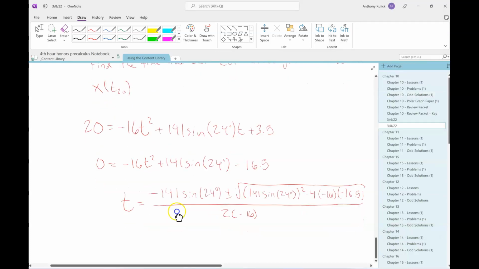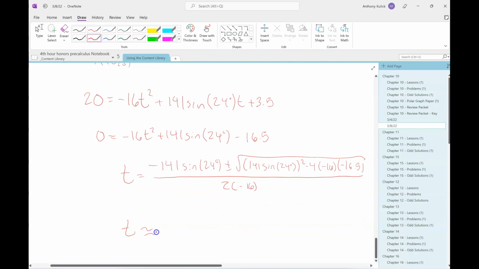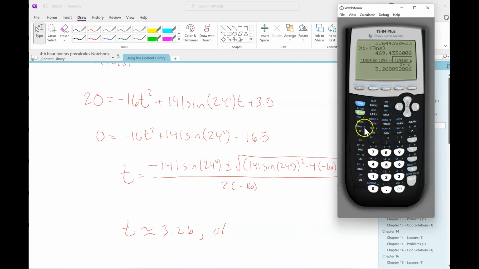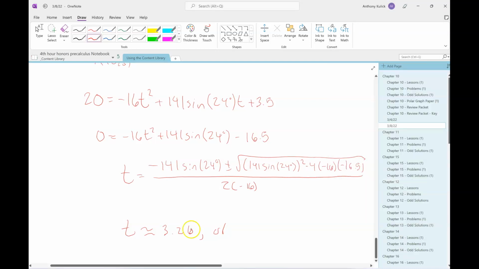I'll find the other one also, though. So I have 3.26, or just for completeness' sake, that's probably 2.7. .32.